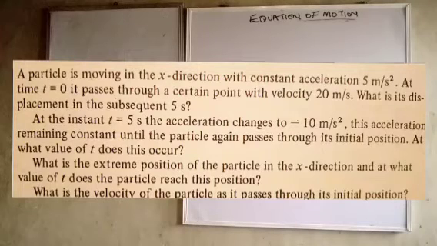This acceleration remains constant until the particle again passes through its initial position. At what value of t does this occur? What is the extreme position of the particle in the x direction? And at what value of t does the particle reach this position? What is the velocity of the particle as it passes through its initial position?